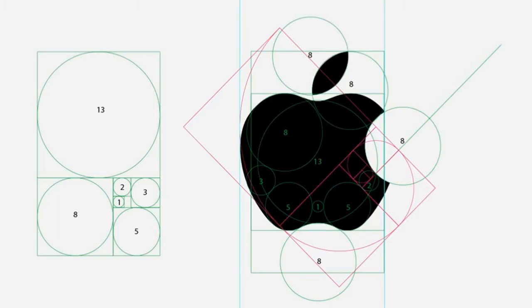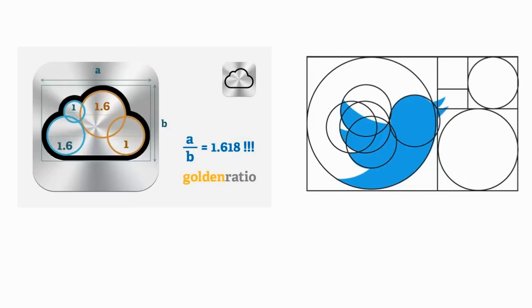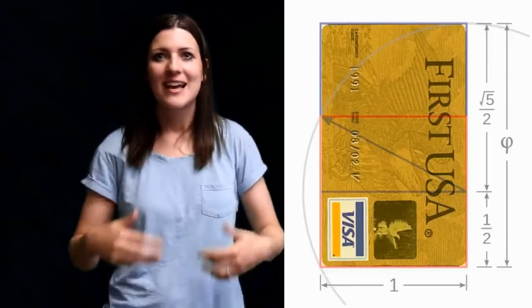It's a ratio that, for some reason, is pleasing on the eye, and it can be a great template for solving multiple design problems. I remember when I first started learning about the golden ratio, I began to see it everywhere. And it's really remarkable how it comes up in nature and in the design world, and how artists can greatly improve their designs by using its sequence.